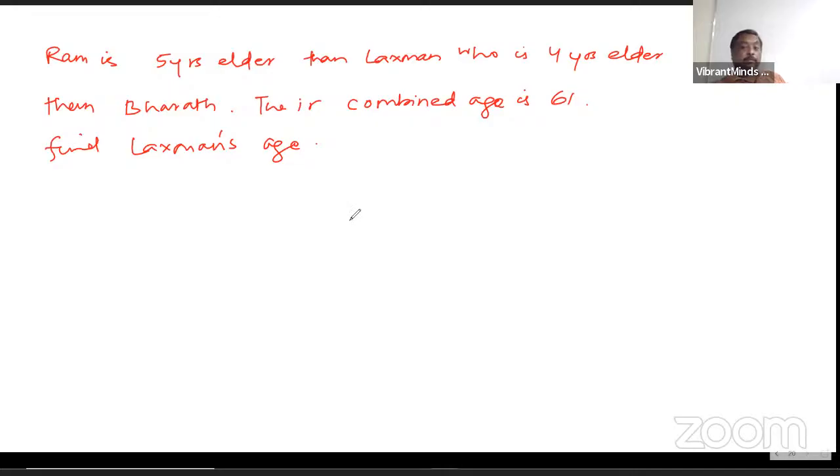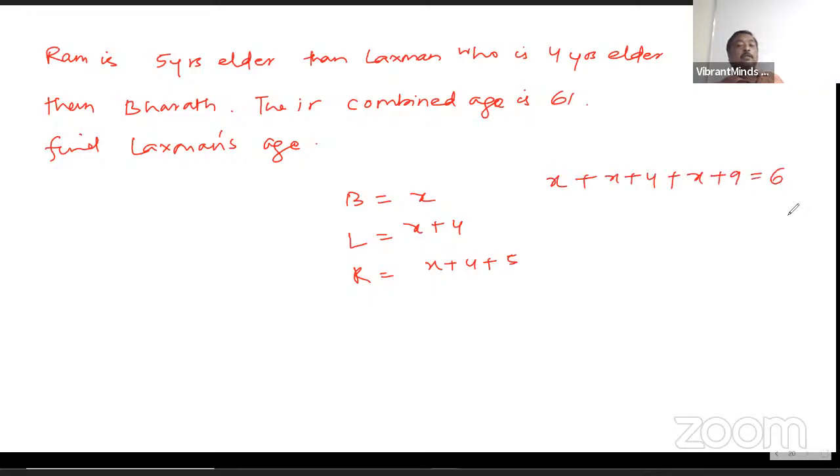See, let's say Bharat is X years. So Lakshman will be 4 years elder. So X plus 4. And Ram is 5 years elder than Lakshman. So Ram is what? X plus 4 plus 5. So it is X plus X plus 4 plus X plus 9. And sum total is how much? 61. So 3X plus 13 is equal to 61. So 3X is equal to 61 minus 13.